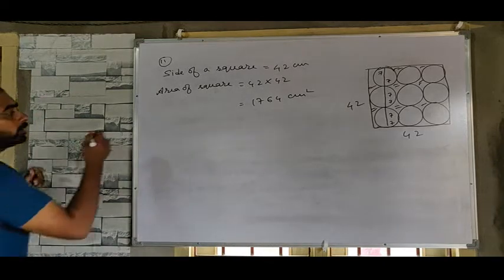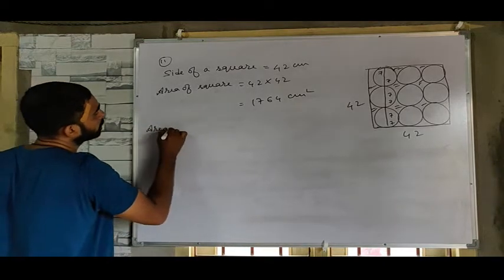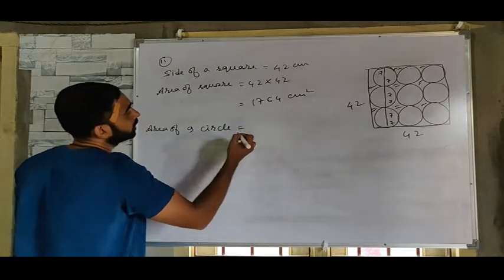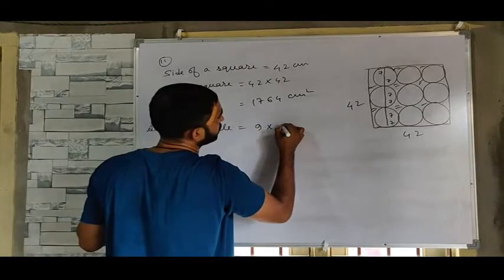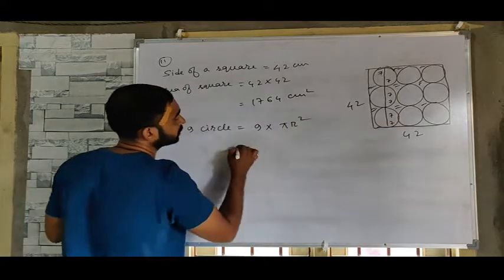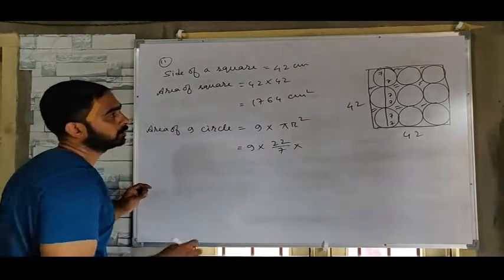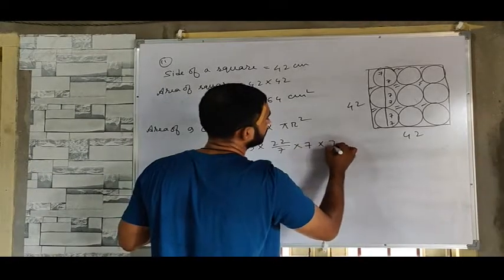Then the area of 9 circles equals 9 into pi r square. Pi is 22 by 7, r equals 7, so 7 into 7.